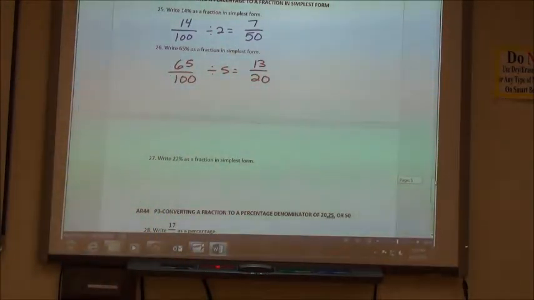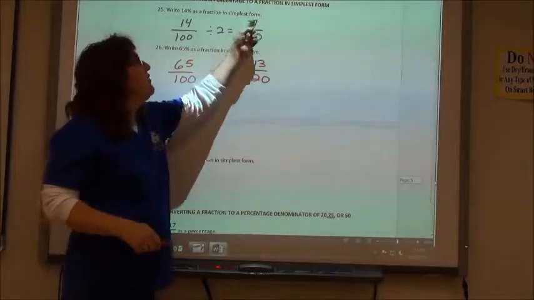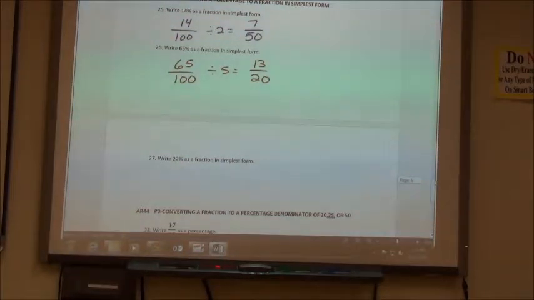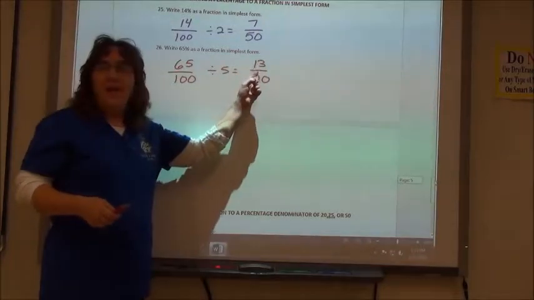By the way, just for fun, if you took your calculator on this first one and typed in 7 divided by 50, what shows up on your calculator? 0.14, right? 0.14 is what that would be as a decimal. 13 divided by 20.